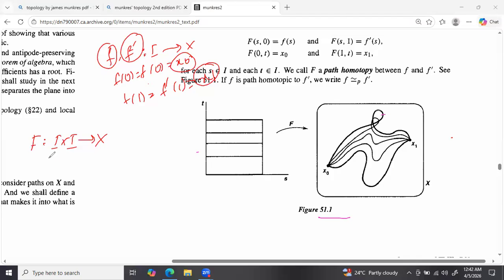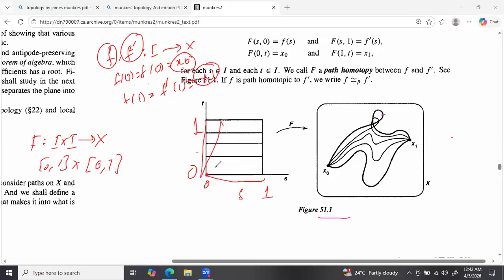I cross I is the Cartesian product of the closed interval 0 comma 1 with the closed interval 0 comma 1, which means that this is s from 0 to 1, and this is t, sorry, this is t from 0 to 1, okay.